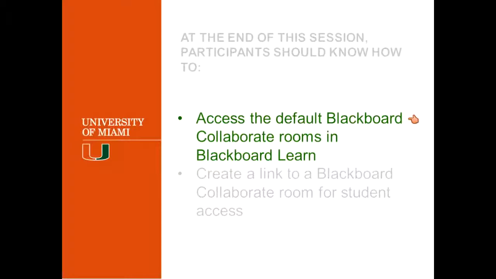You don't have to do anything for those. You access them through the control panel, course tools, Blackboard Collaborate. You can then launch a session, and this is what Rick was talking about. If you click on that link, you are the moderator, and you have to have a moderator. So make sure that that's how you get to your course, by going in there and clicking on that link.